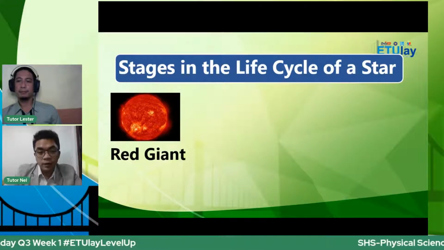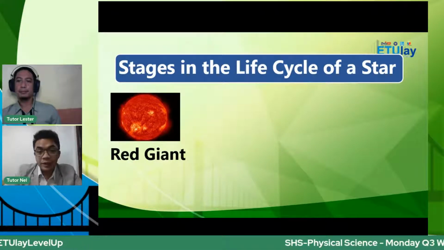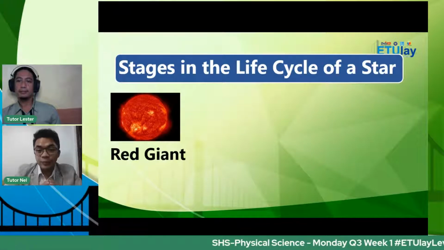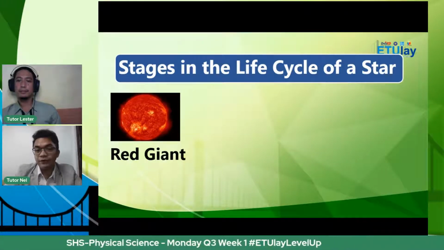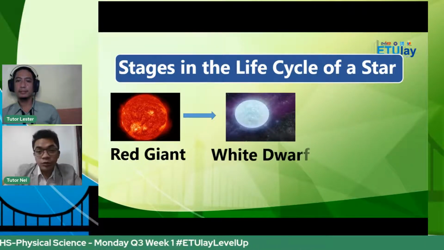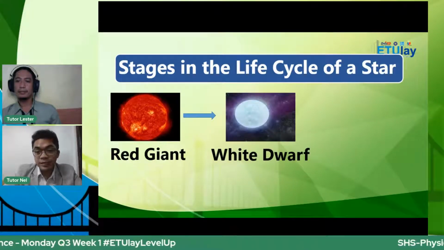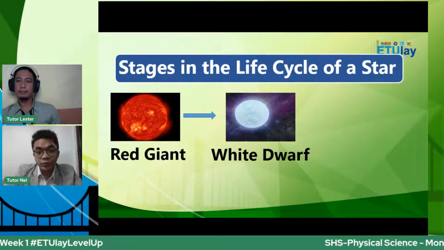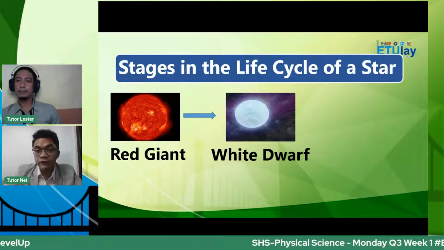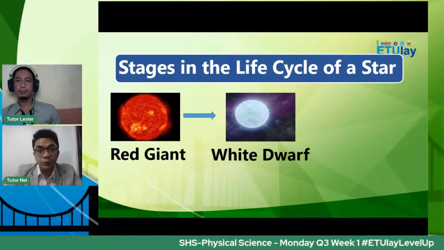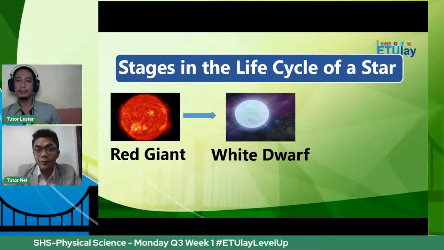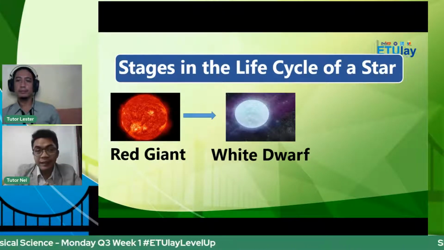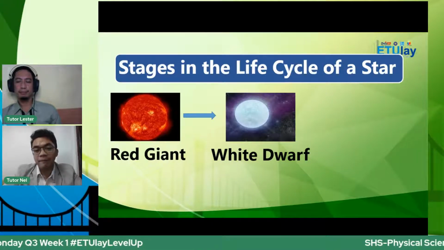Para naman sa di masyadong kalakihang red giant na nauubusan na ng energy source, ito ay nagiging isang white dwarf. Nangyayari ito kapag naubos na ang helium sa kanyang core and the stars could no longer perform nuclear fusion. It blows off its material into space at ang natirang core ay kumikinang lamang dahil sa napakainit itong temperatura.